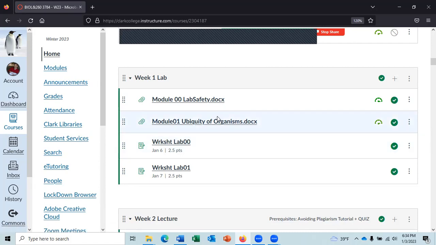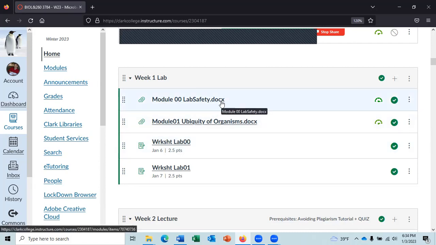The lab module itself will be something like 7 to 12 pages. So if you turn in the lab module, even if you have all the questions there, you will get a penalty, because I don't want my Canvas website to become full and then students wouldn't be able to turn in an assignment. So please only turn in the worksheet. Any questions?